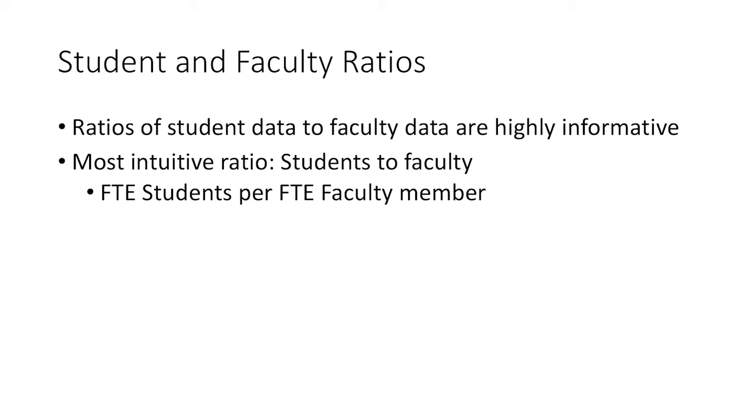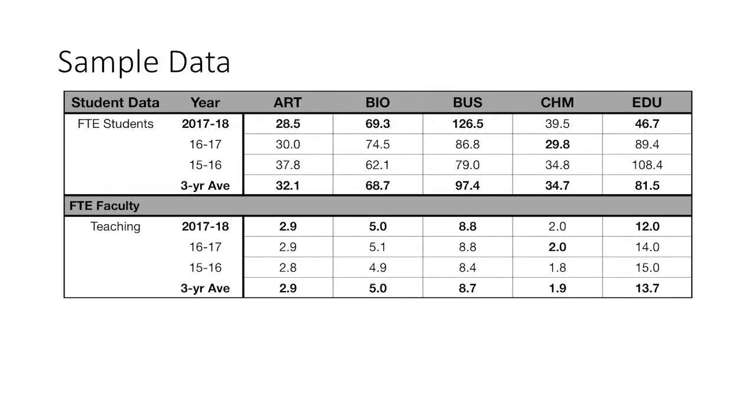So when we're talking about student-faculty ratio, we're not talking about head count to head count, so how many students to how many faculty. We're talking about a more precise metric, FTE students, compared to a more precise metric of FTE faculty. In the sample data, we take the FTE students in a department and the FTE faculty in a department, and we simply divide FTE students by FTE faculty, and that gives us student-faculty ratio.